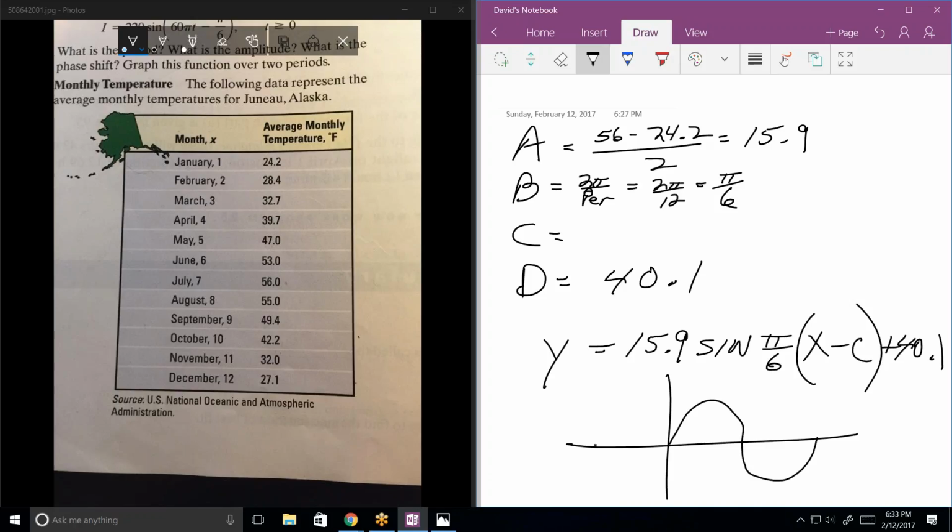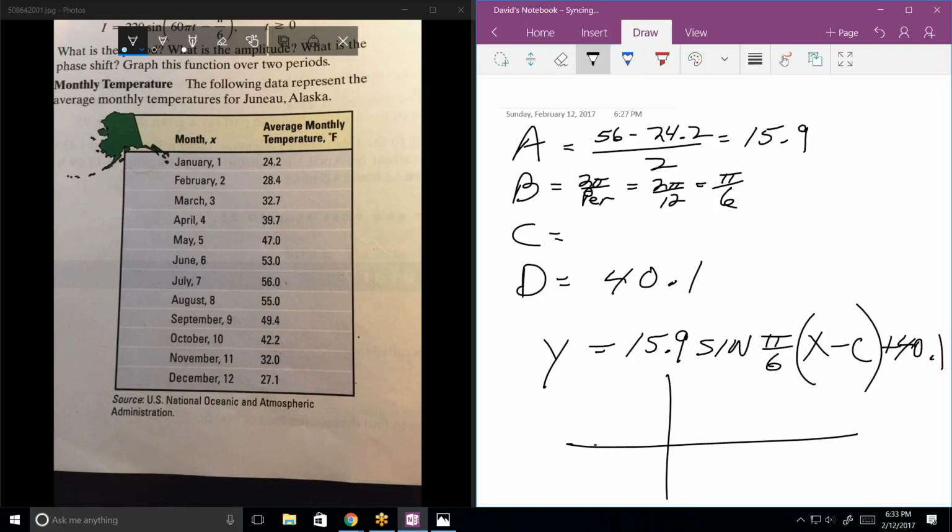So that's not a sine curve. Our sine curve starts at the middle, goes up to the high, comes back down to the low, and then comes back to the middle. So what would be a better curve to use than the sine curve? Cosine. Okay, let's look at the cosine curve.